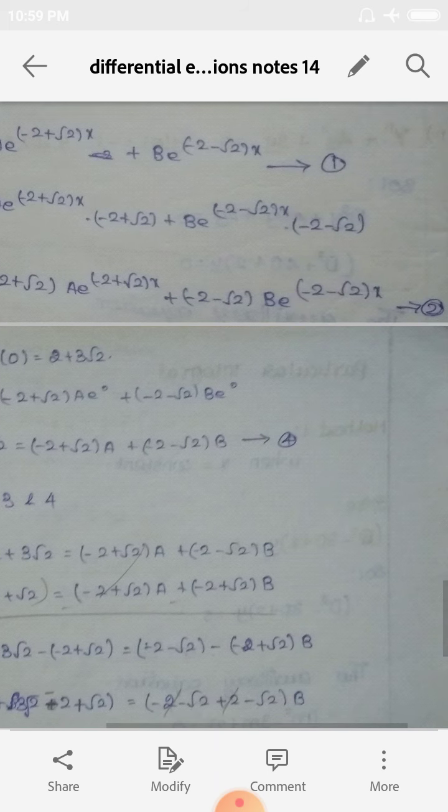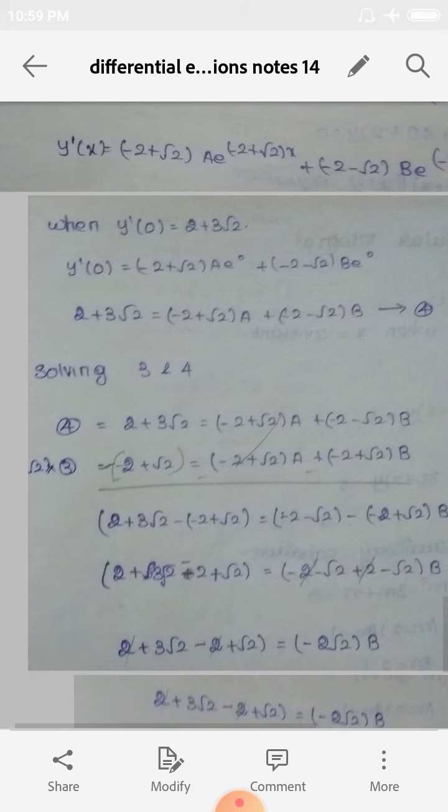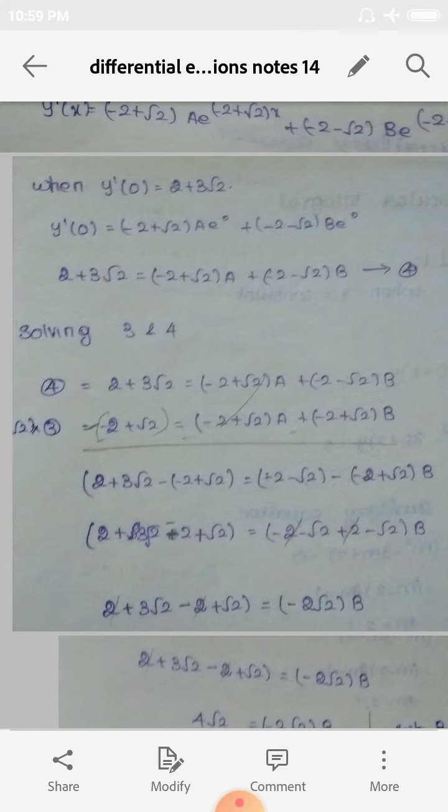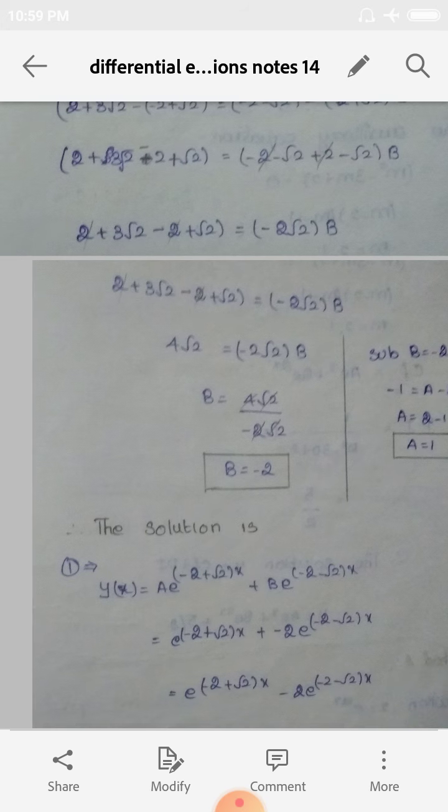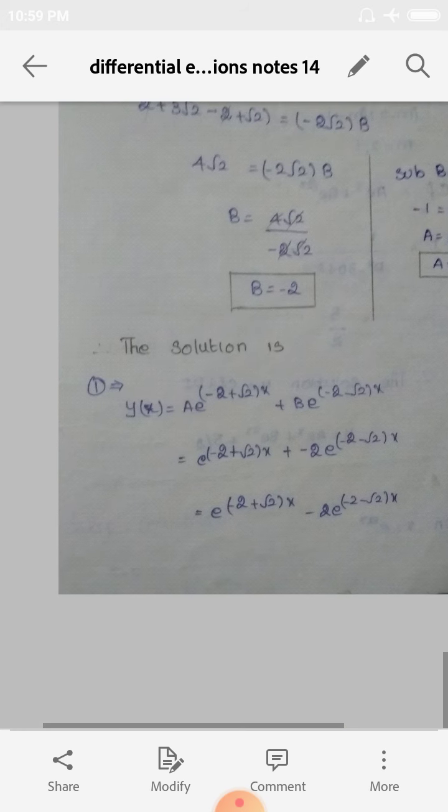We get the third equation and fourth equation. So after solving equations 3 and 4, we get b is equal to minus 2 and a is equal to 1. After solving for a and b, write y of x is nothing but a into e power minus 2 plus root 2 x plus b into e power minus 2 minus root 2 into x. So substitute the values of a and b, we get the solution.